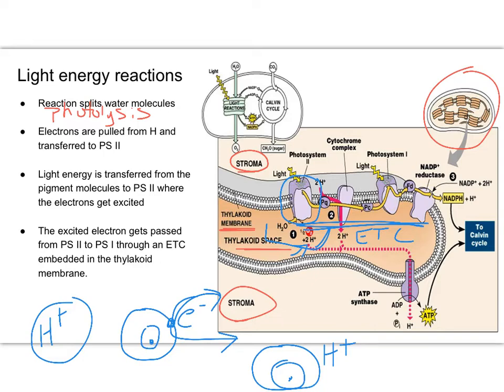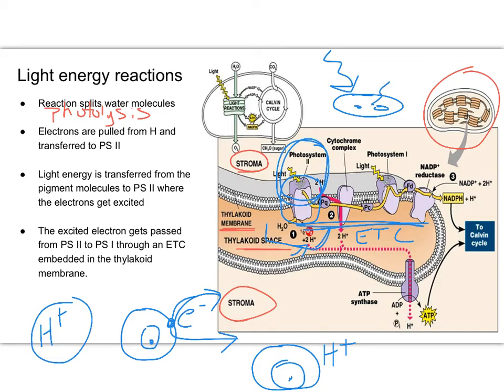And so the light energy is then transferred to photosystem 2. You can see it happening right here. So the light energy is transferred to photosystem 2, and what that does is transfer energy to electrons that are stored in photosystem 2. So you've got 2 little electrons that are stored here in photosystem 2. And when they get hit with the light energy, think of it like they get really excited and they jump up.